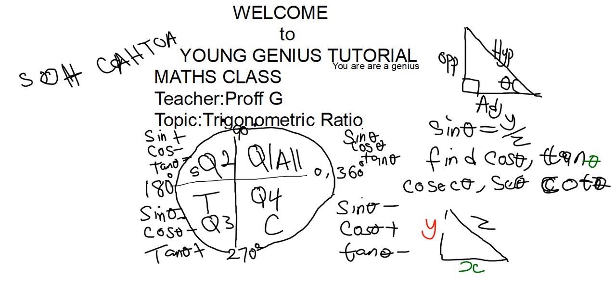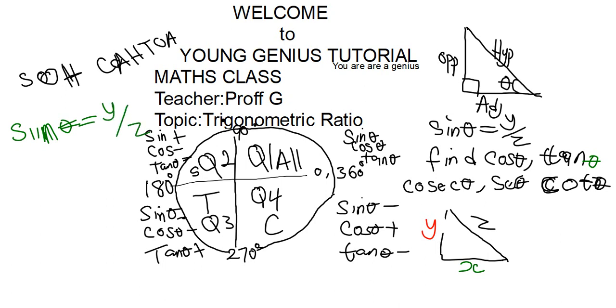So what is sine theta? Sine theta is equal to opposite over hypotenuse, which is y, so you put it as y over z.